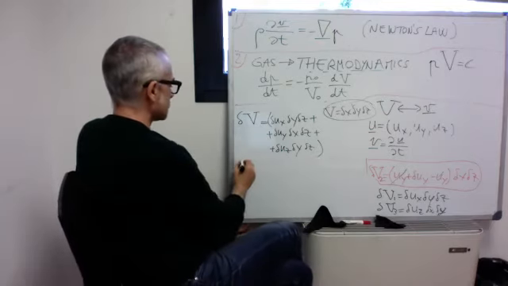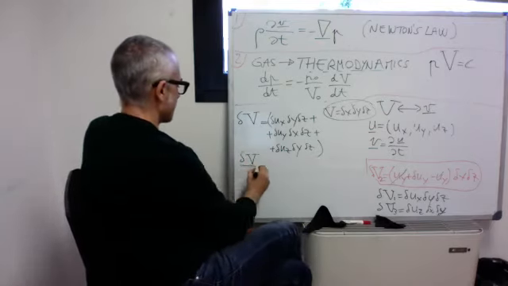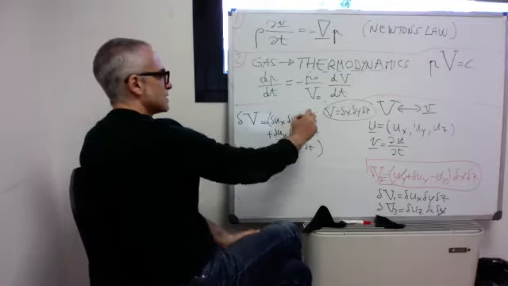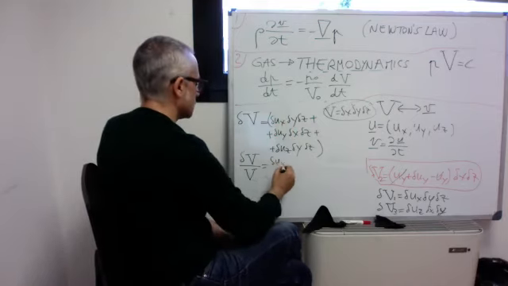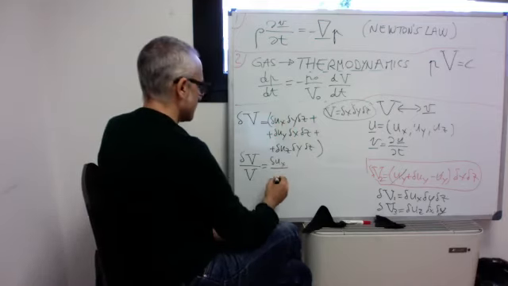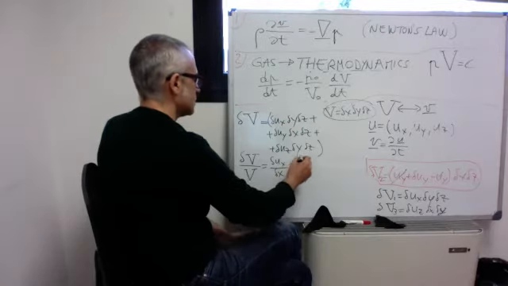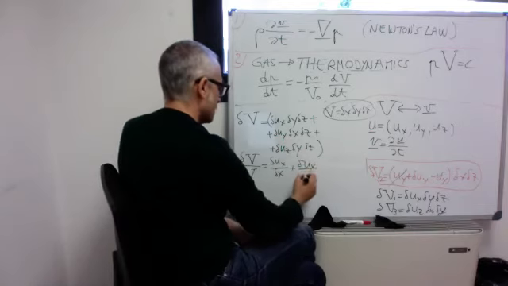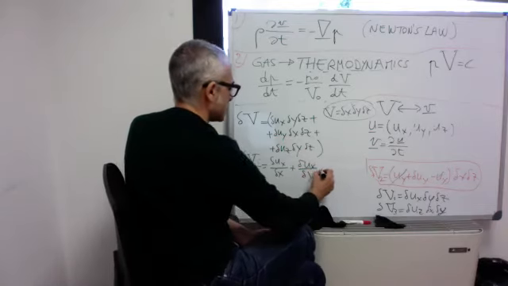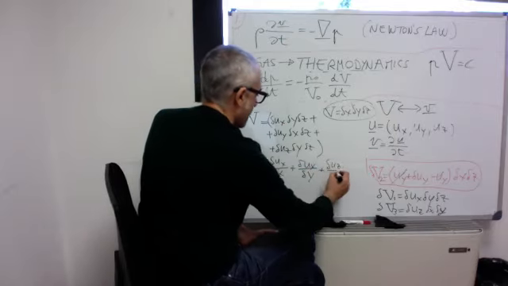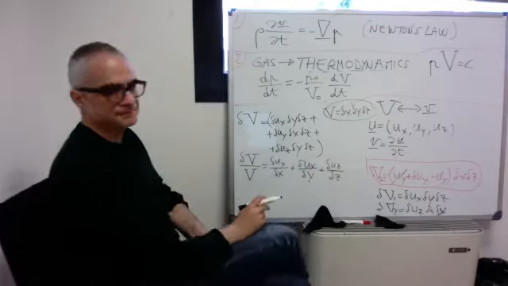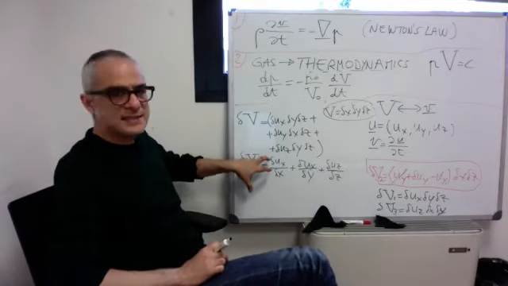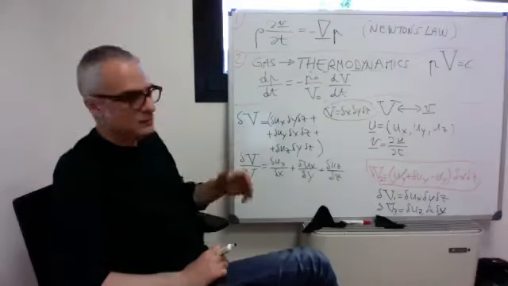I divide both sides of this equation by V. Well, here the delta y, delta z cancel out, and I'm left with delta Ux over delta x, and here the delta x, delta z cancel out, and I'm left with delta Uy over delta y, and so on and so forth. Now, this is the ratio of two increments, okay?